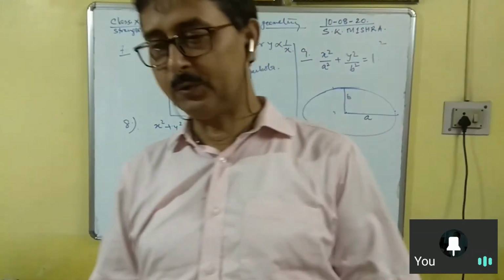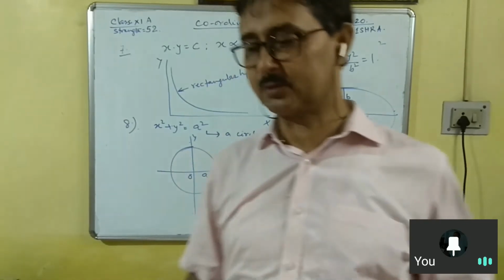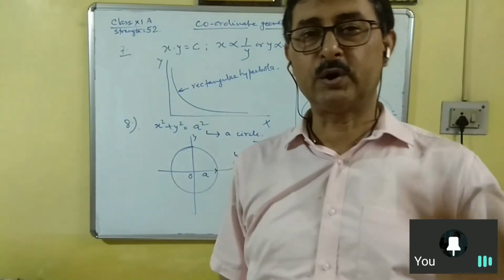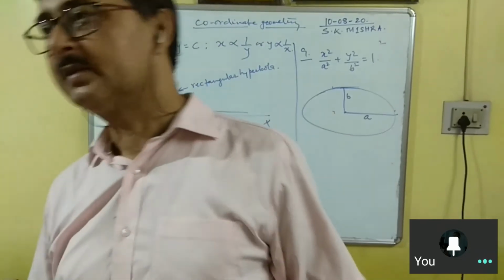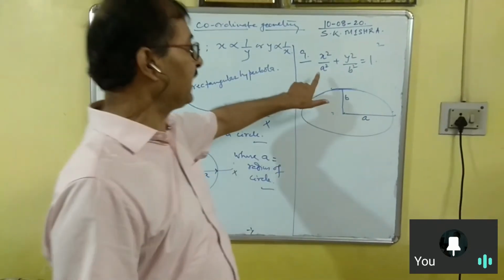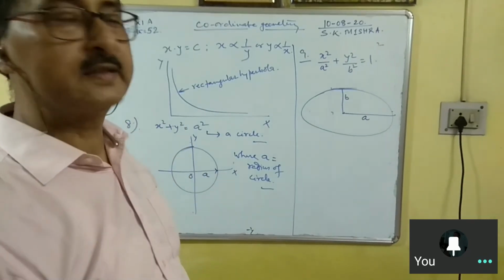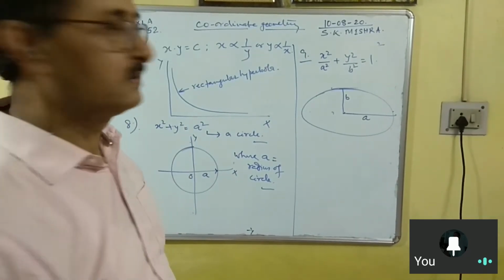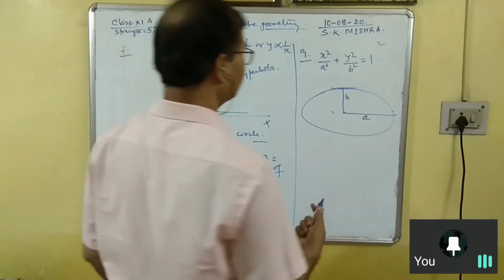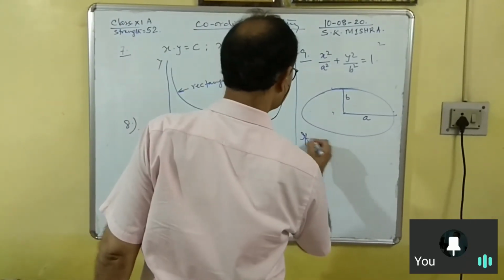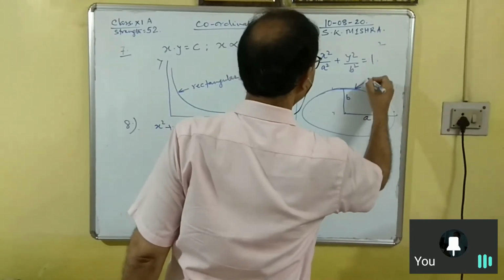If you go from the center of the Earth to the equator, because it is somewhat like an apple, the two radii will be different. The moment A becomes equal to B, it will describe a circle. So an ellipse will become a circle if A equals B.